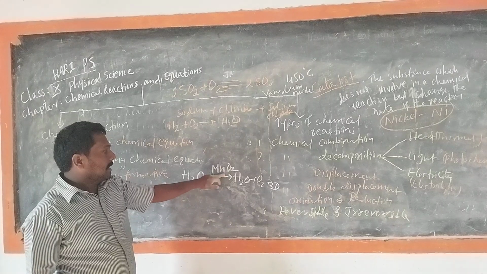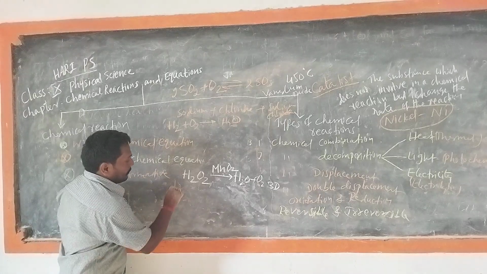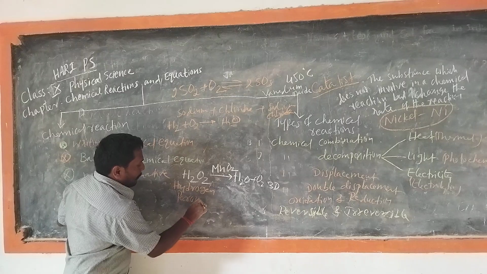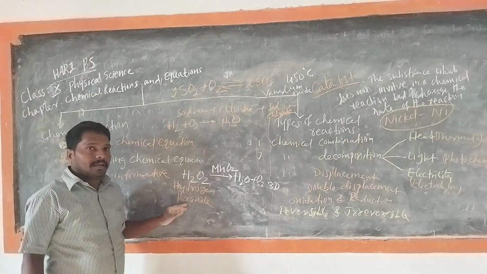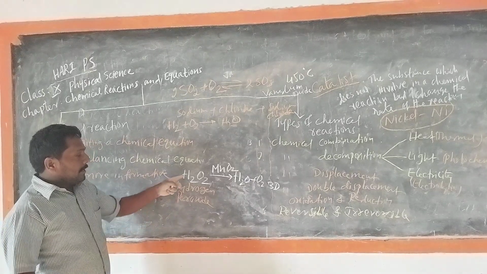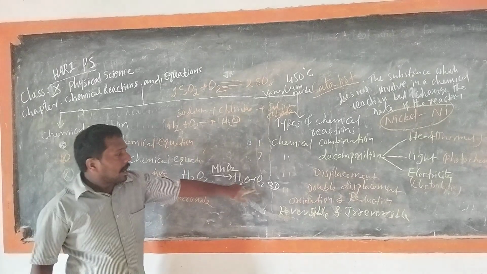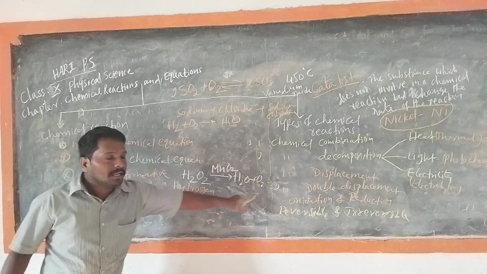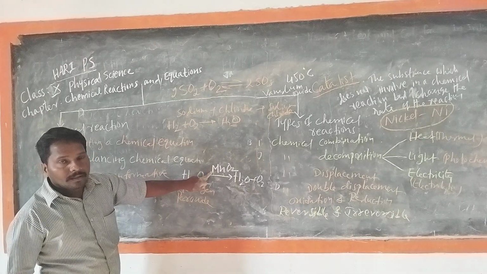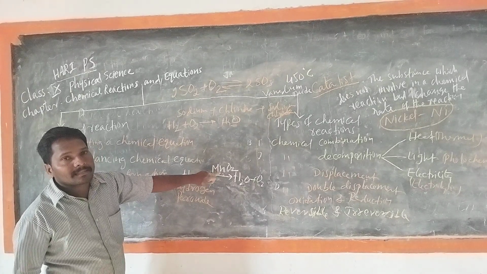In the presence of manganese dioxide, hydrogen peroxide, which is used to clean wounds, dissociates and forms H2O and oxygen. This reaction takes place in the presence of MnO2. Manganese dioxide is a catalyst.